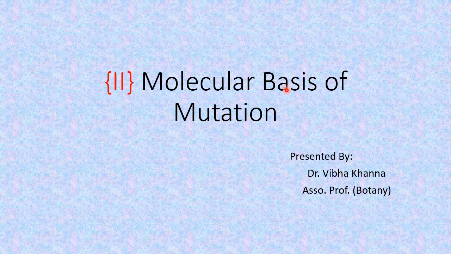Welcome once again. In our previous video on mutations, we had seen the various types of mutations that are possible, the various inheritable changes, sudden changes in a DNA sequence, in the sequence of polynucleotide stretches in the biological world.